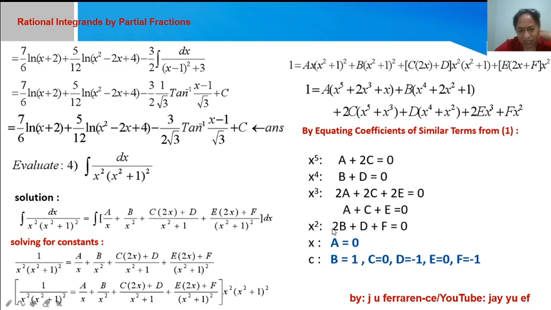So there are already 3 constants determined. I'll look for another equation where I can solve for another constant. Here in d, if b is 1, transposing 1 here will give d which is negative 1.